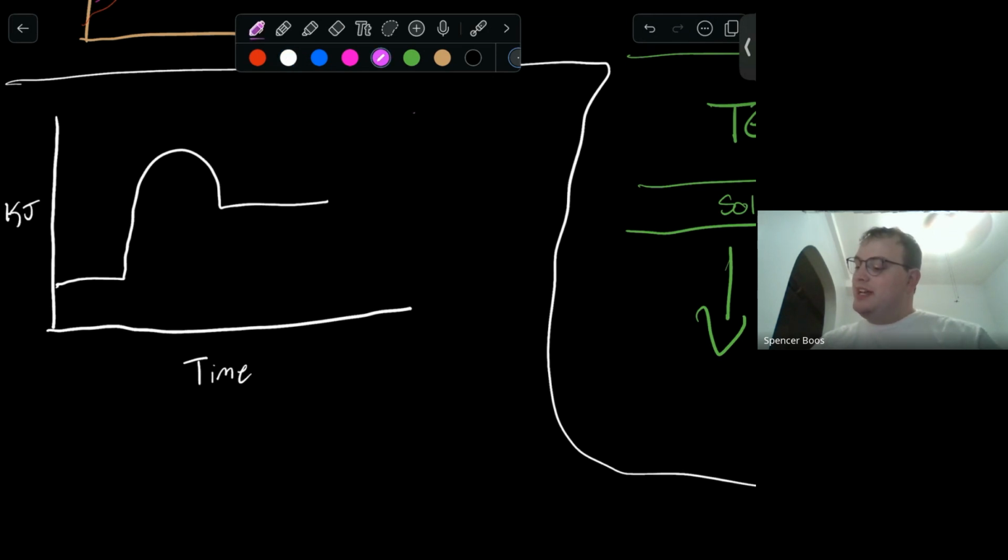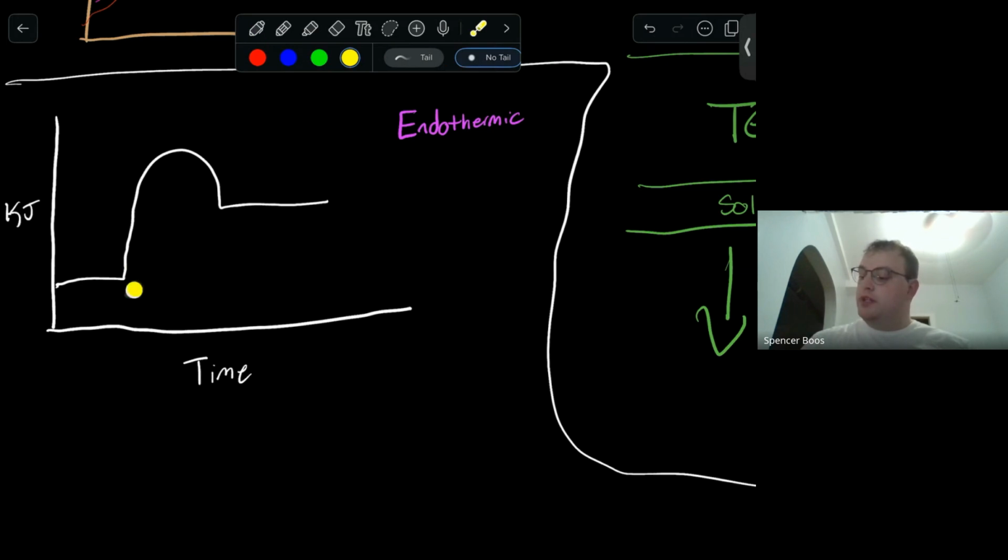This here is an endothermic graph. The reason why it is an endothermic graph is because the starting point is below the ending point. In a more technical definition, the reaction gains energy over the course of the reaction.